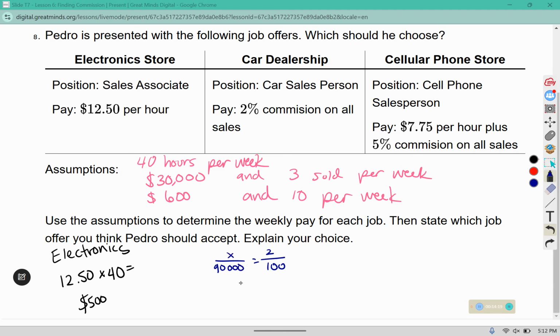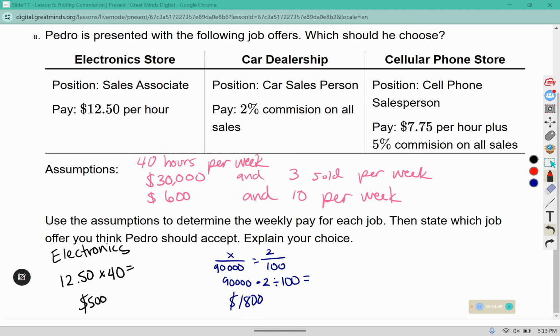So we'll cross multiply and divide. 90,000 times 2 divided by 100 is $1,800 per week.